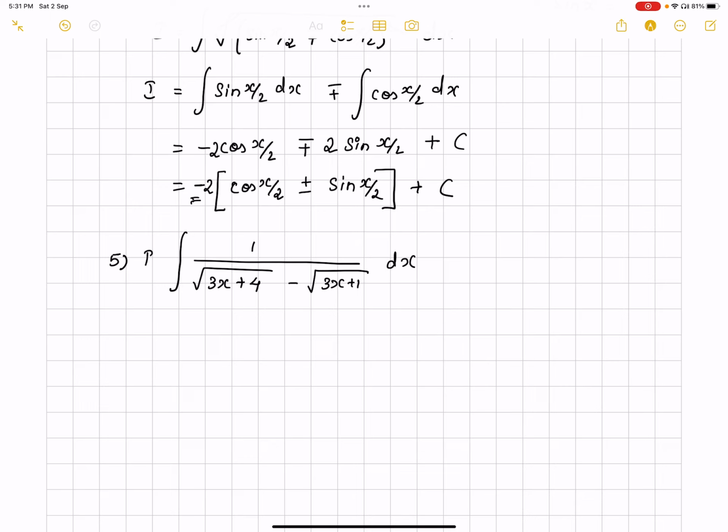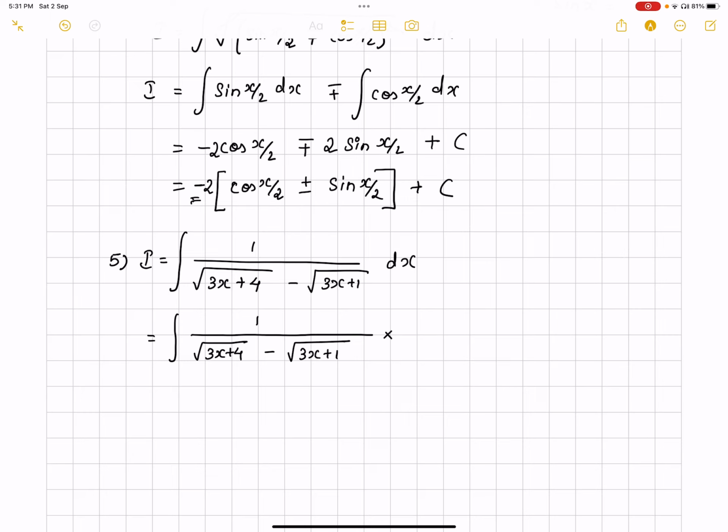Obviously, I would be considering this as I is equal to, that's how we begin. And now see here, I have root minus another root. I need to remove the root in the denominator. How to do that? Rationalizing would work. So now what I would be doing here is, I would consider this as it is, root of 3x plus 4 minus root of 3x plus 1.